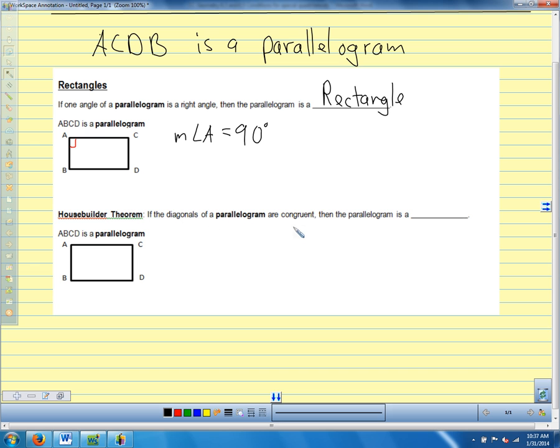If the diagonals of a parallelogram are congruent, then the parallelogram is a rectangle. So on my picture, I'm drawing the diagonals corner to corner. And what we're saying is that segment AB is congruent to segment BC.